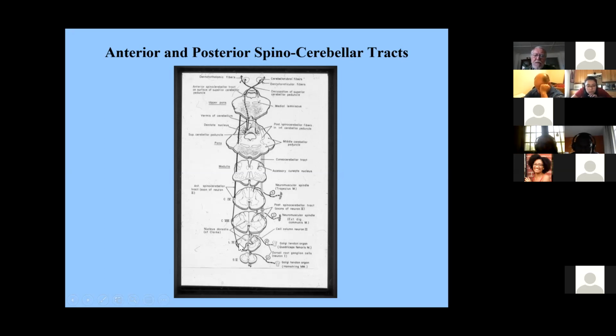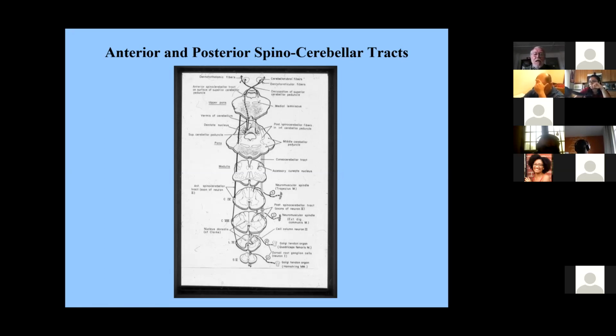Now look at the anterior spinocerebellar tract. It ascends through the spinal cord. It ascends through the medulla. It ascends through the pons. And then it finally comes up to and enters the superior cerebellar peduncle. So the superior cerebellar peduncle is comprised in part of the anterior spinocerebellar tract.